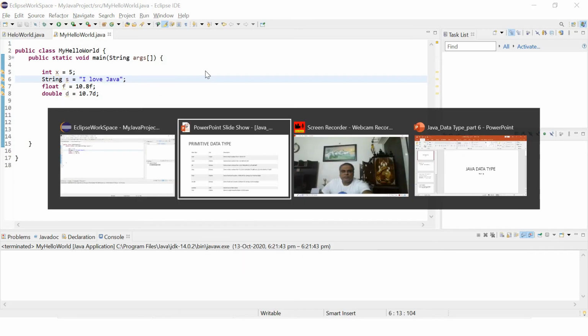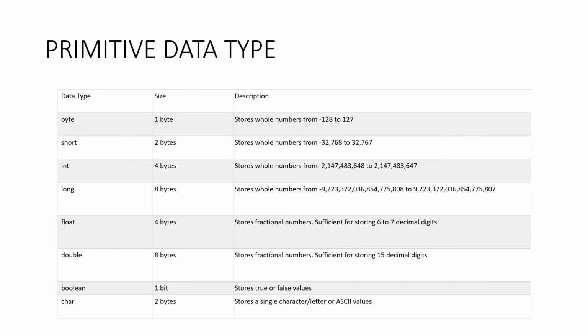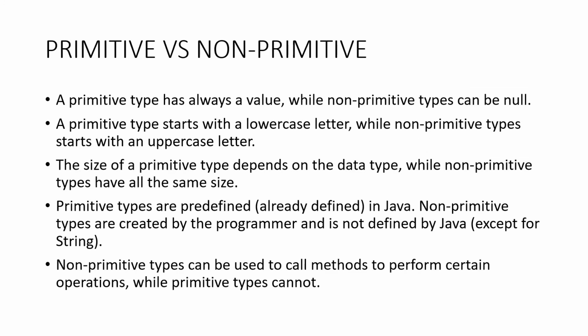Now the next difference: primitive types are predefined in Java. They are already defined in Java. But non-primitive types are created by the programmer and are not defined by Java, except for String. Very important.